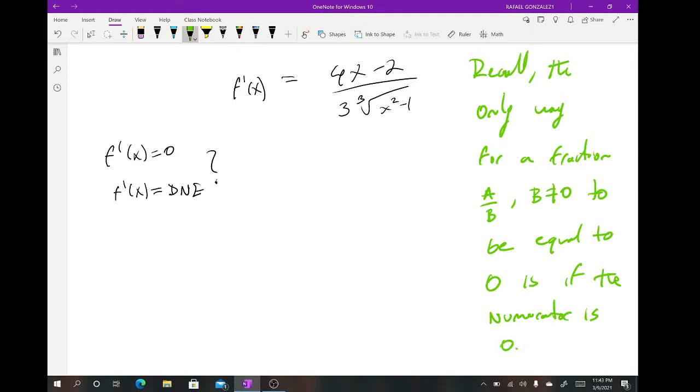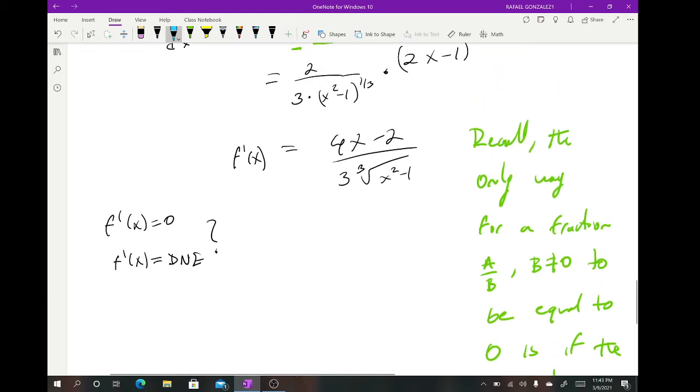That is, a is going to be 0. So the only way that numerator is equal to 0 is if x equals 0.